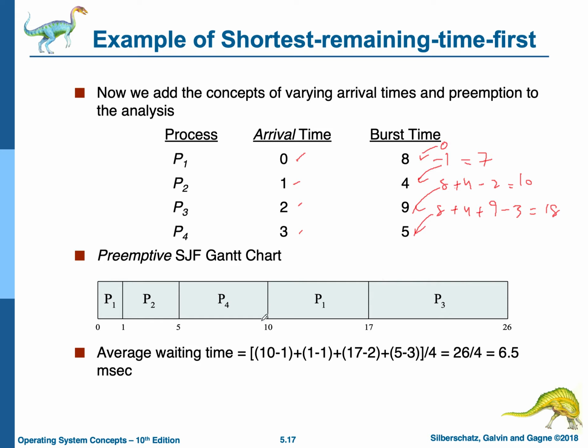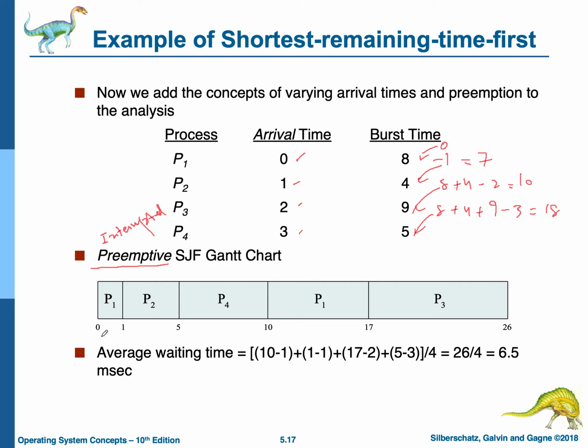Now, if we apply preemptive shortest job first, preemptive means that a job can be interrupted. So P1 arrived at time 0 and started working.